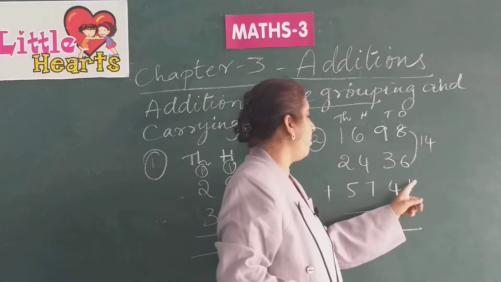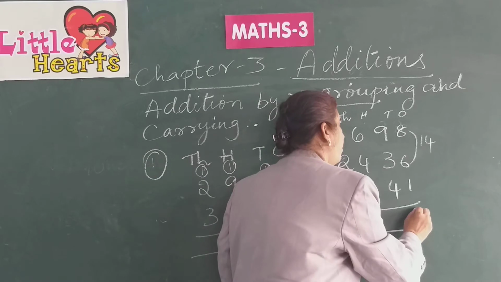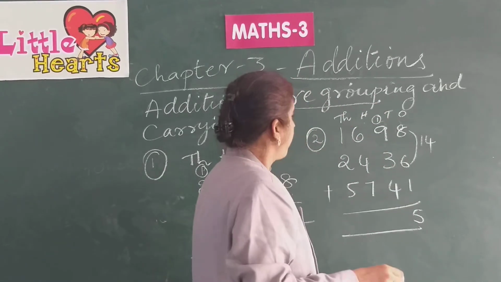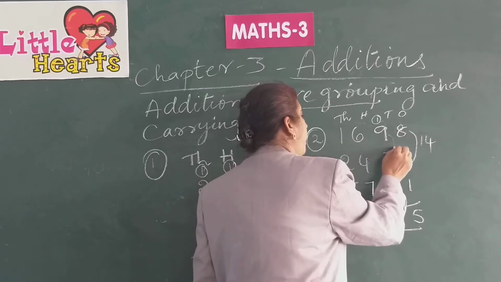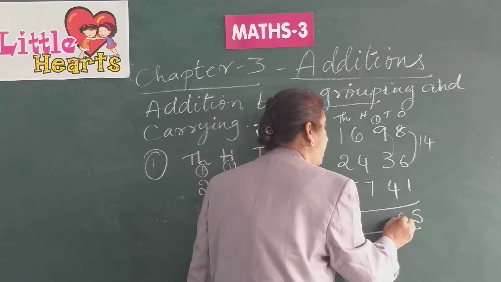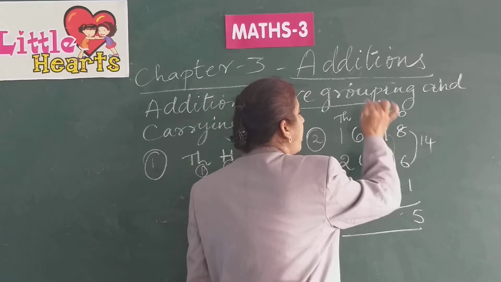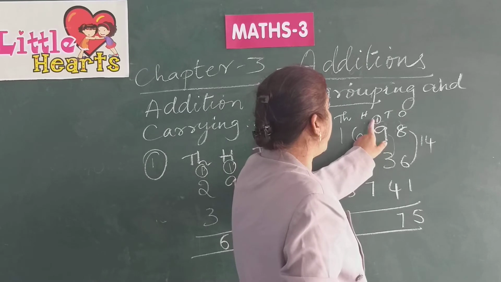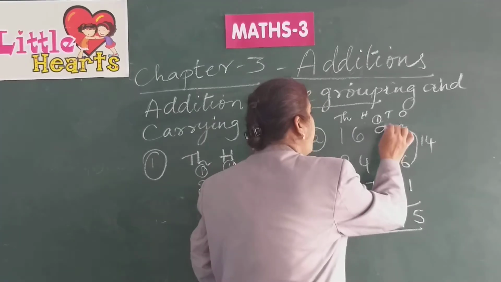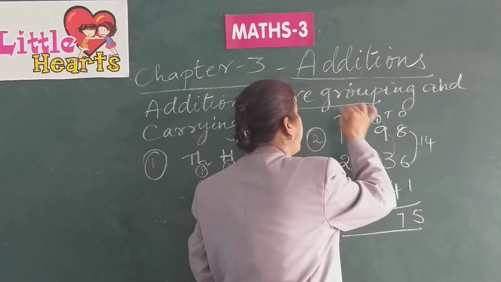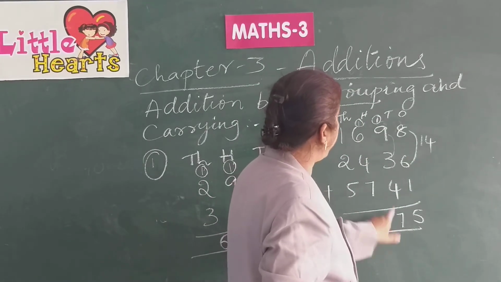And this 14 plus 1 becomes 15, and carry 1 here. 9 plus 3, 12. 12 plus 4 is 16. 16 plus 1 is 17. Never forget to add this carry 1. We got 17 in the tens place. Carry 1 to the hundreds now. Write 7 in the tens.